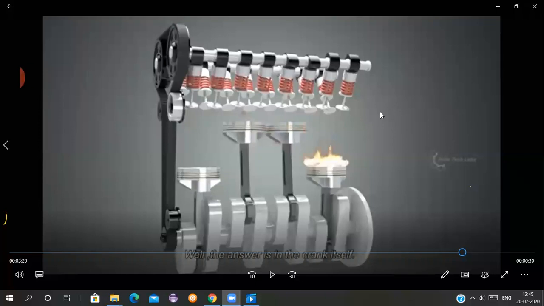To get more power out of the fuel, to utilize the whole heat, we use 4 stroke engines. Power is more in a 2 stroke, but it is still eliminated now because a lot of heat is wasted.